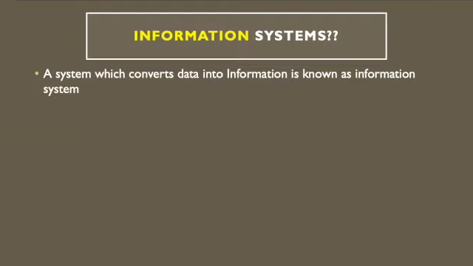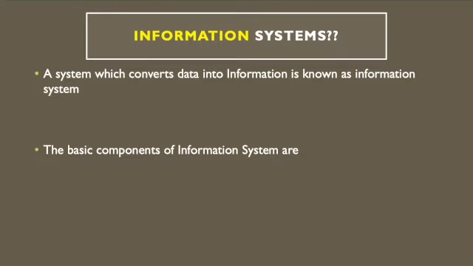When we give the data and instructions, the information system takes the data, processes it and produces the information. That whole system we call an information system.